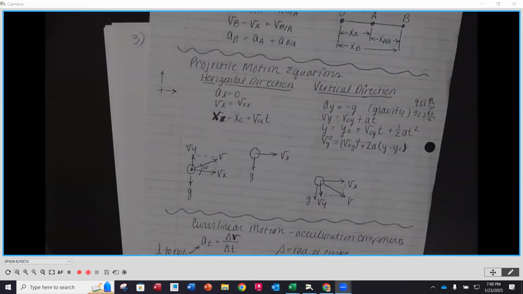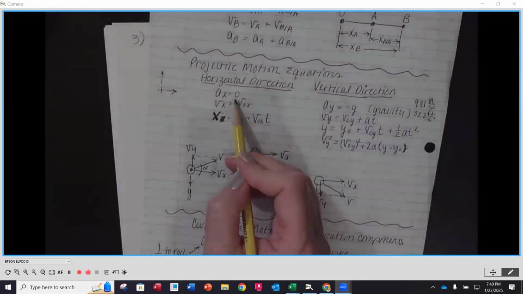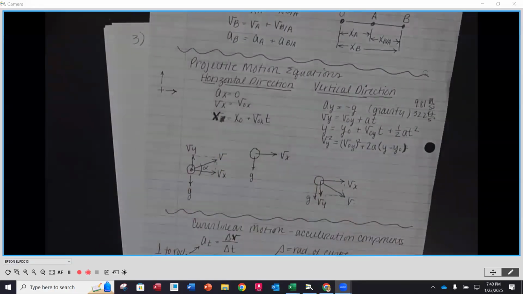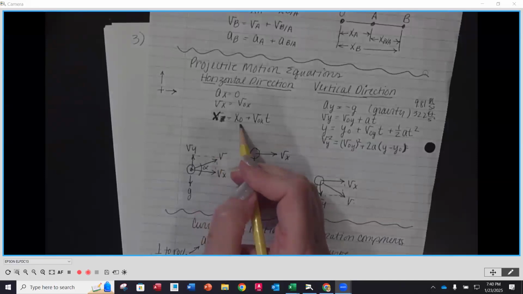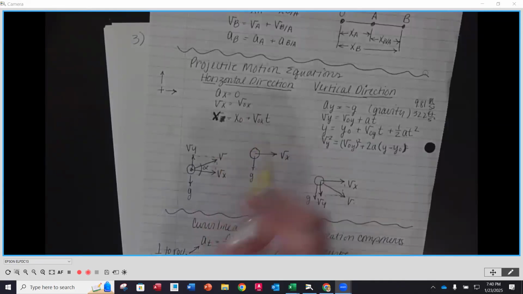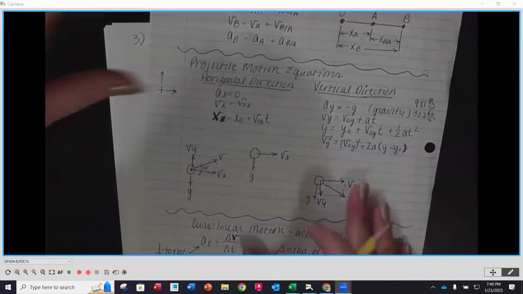And when we look at horizontal, we know that our acceleration is equal to 0. Our x velocity is going to be constant. And then our function of our horizontal distance is going to be the original offset plus the velocity original times the time that we're interested in knowing.